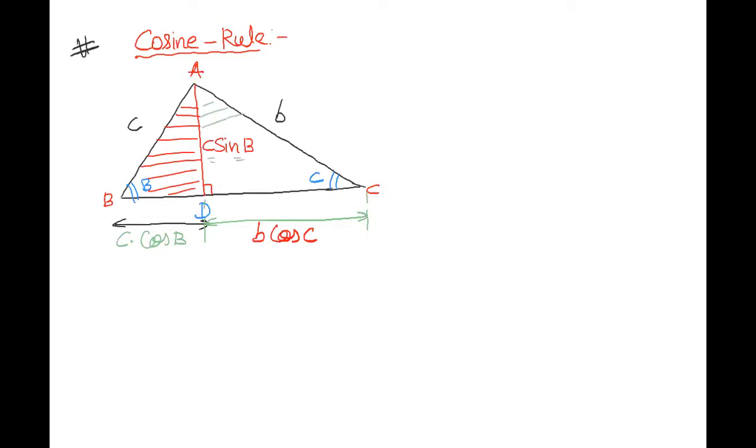If I consider this triangle, then it will be hypotenuse b times sine of C. I will say yes, both are correct. c sin B is equal to b sin C. That we have already said using the sine rule: sides and angles get interchanged in the sine rule. So these two will be equal, no doubt.